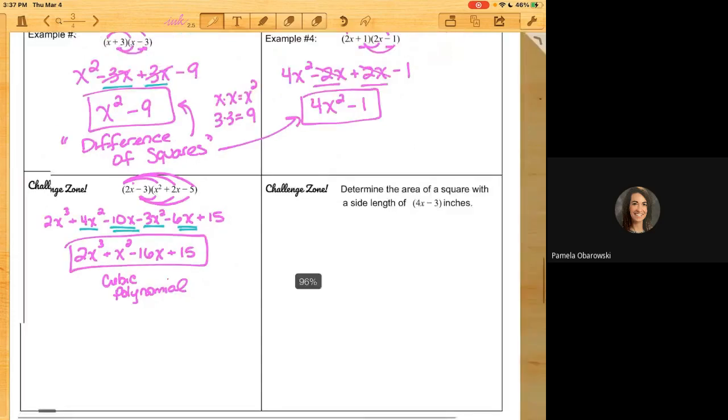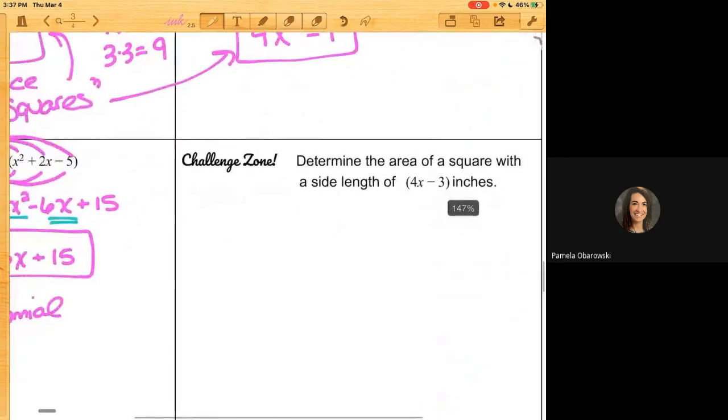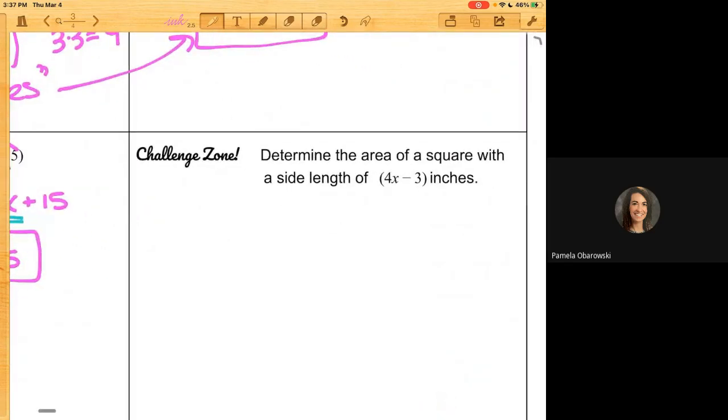Last but not least, let's finish it off with a little geometry thrown in. So I want to find the area of a square with a side length of 4x minus 3 inches. Let's draw ourselves a square. Pretend that's a good looking square, y'all. And I've got 4x minus 3 on the top.